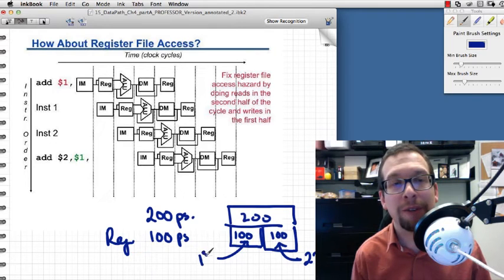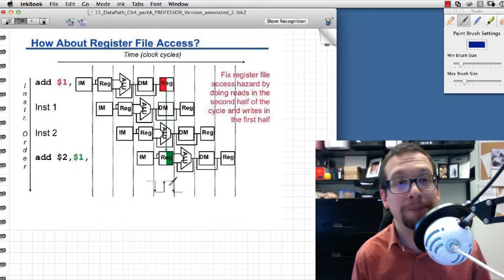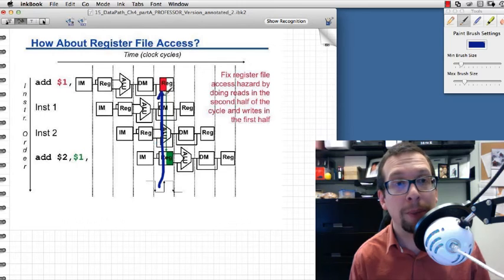So you have a first half and a second half, and that allows you to access your register at two different points in time. And that's a really good thing. So you have your first half on the bottom half of the clock and the second on the top half of the clock.